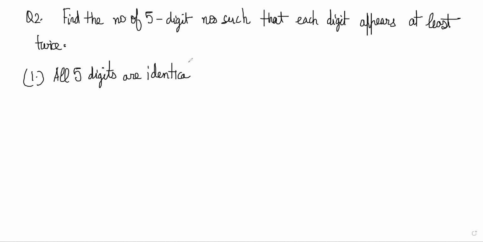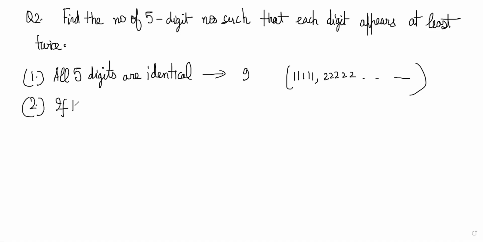How many such numbers are possible? Obviously, there are only 9 such numbers. Numbers are of the form 11111, 22222, and so on. The second case is if the 5-digit number does not contain 0.